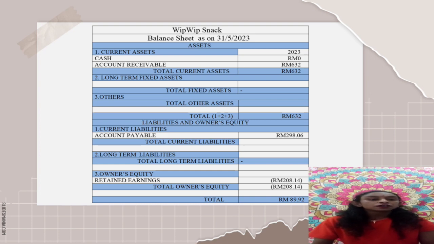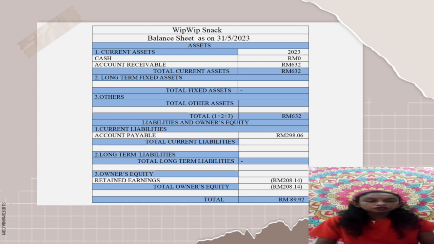It will be RM632. Next will be liabilities and owners' equity, which are current liabilities, account payable, total 298 ringgit 6 cents, total current liabilities. Next, long term liabilities, total long term liabilities.